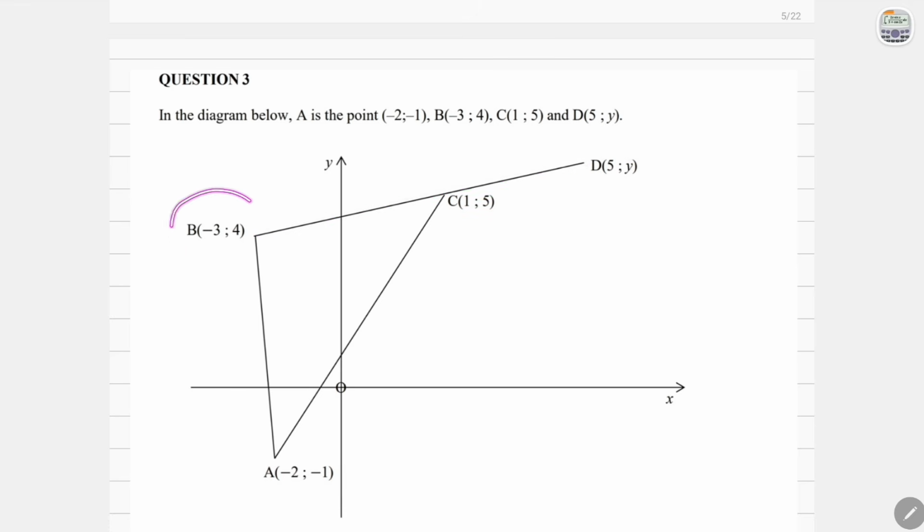We know the gradient of BC, so we can try to find the gradient of, let's say, CD or even BD. In other words, we're saying the gradient of BC is exactly the same as the gradient of, I'm just going to go with CD, because they lie on the same line.